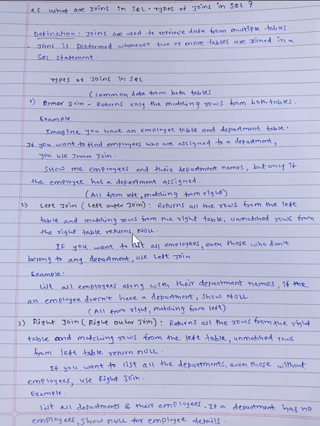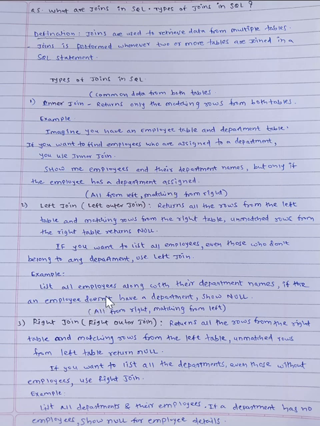Next is the left join or left outer join. It returns all the rows from the left table and matching rows from the right table. Unmatched rows from the right table return null values. So if you want to list all the employees, even those who don't belong to any department, use left join.